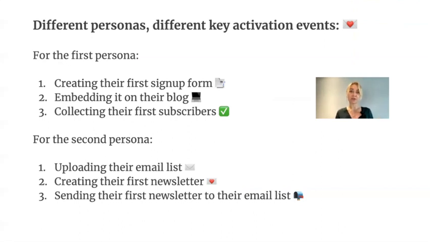On the other hand, for the e-commerce business owner, it may be uploading their email list, creating their first newsletter, actually sending it to their email list, and then maybe looking at the analytics. So as you can see, already for the same product, a pretty simple product in a well-known established market, we have defined activation points very differently for different user segments.